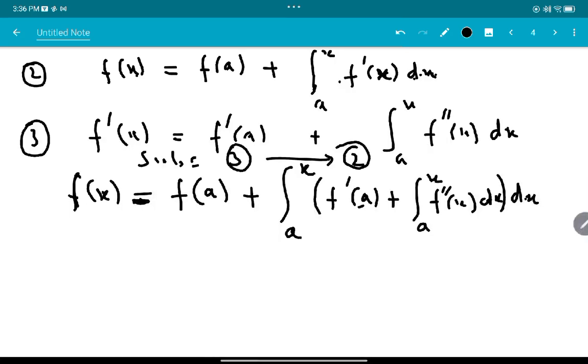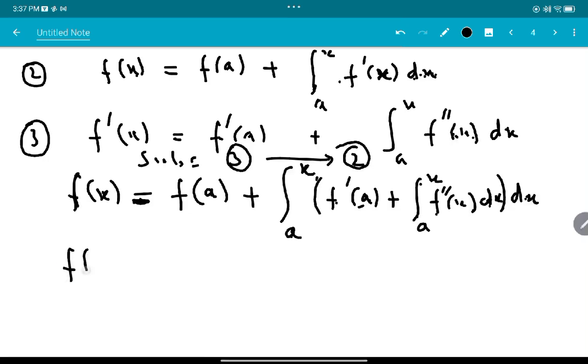So f x equals f a plus integral a to x, then this dx that is there, and then f dash x is these two, out of which the first is f dash a, the second is itself having integral a to x f double dash x and dx. Now if you look at this term carefully, you will find that we have now two integrals, a to x here, and two dx's. You can see it now.